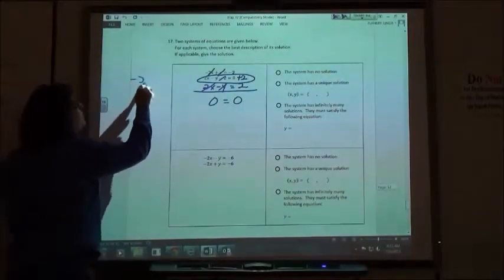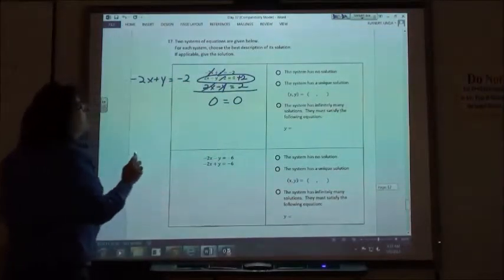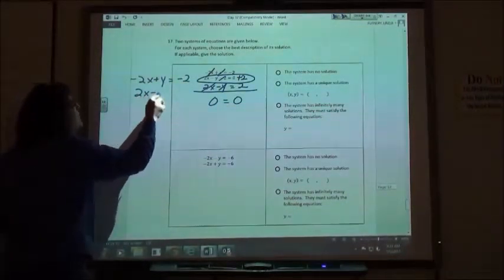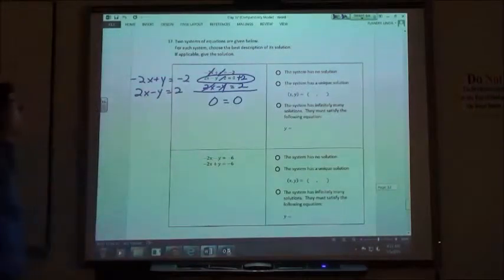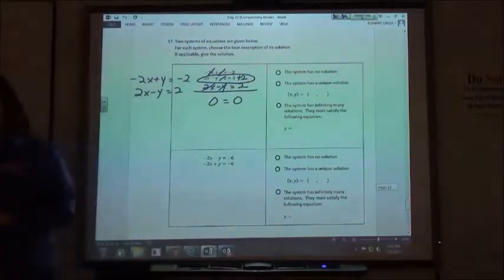So we had negative 2x plus y equals negative 2 for our top equation, and then 2x minus y equals 2 for our bottom equation after we rearranged it. Then you can see better that everything cancels. So when we got 0 equals 0, what was our choice for our answer?